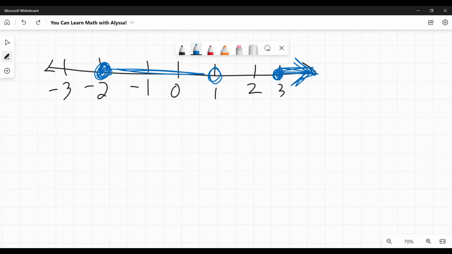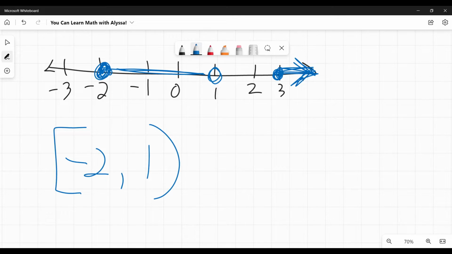The first one over here on the left, our boundary numbers are -2 and 1. -2 is a closed circle. So it's meaning x is, in this case, greater than or equal to -2. It is that closed circle, so it gets a bracket. 1 is an open circle, so it gets a parentheses because it would be x is less than 1.